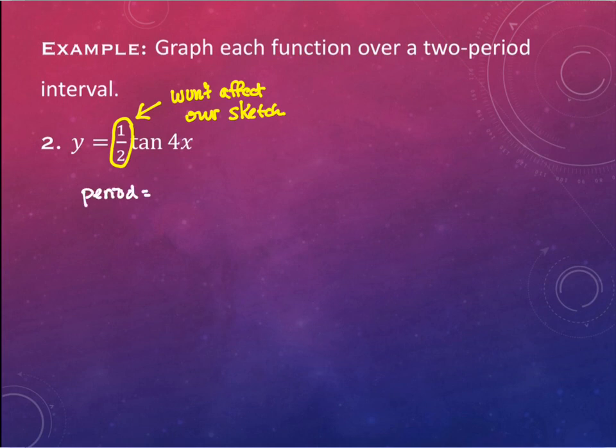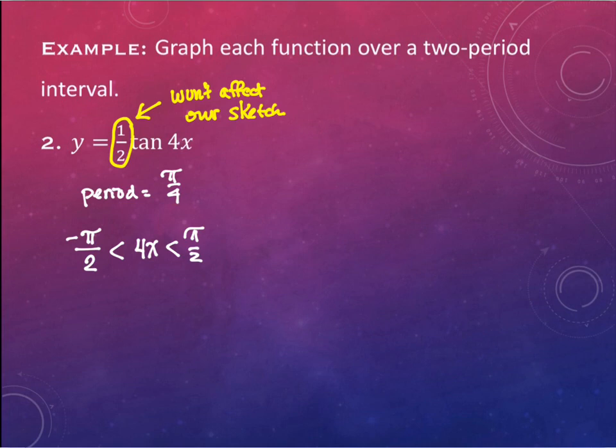So the period is what? Yep, pi over 4. It's pi over whatever the value is that's located next to x. And then we're supposed to be going between negative pi over 2 and pi over 2. And then our 4x is in between. So what are we going to do to solve this in the middle to have just x?